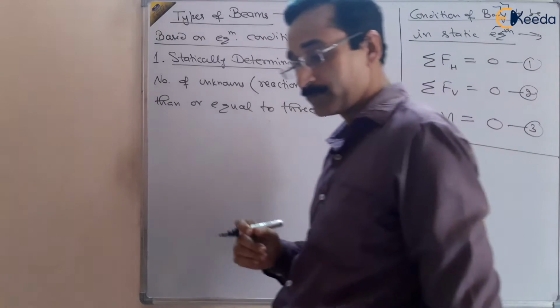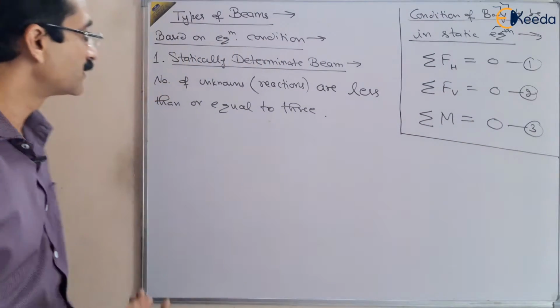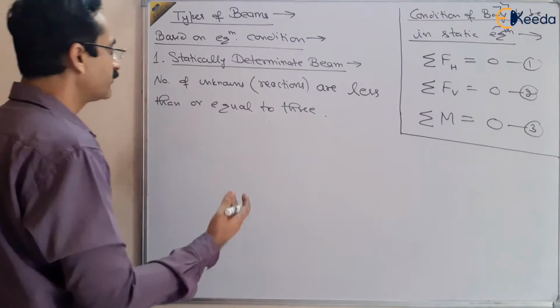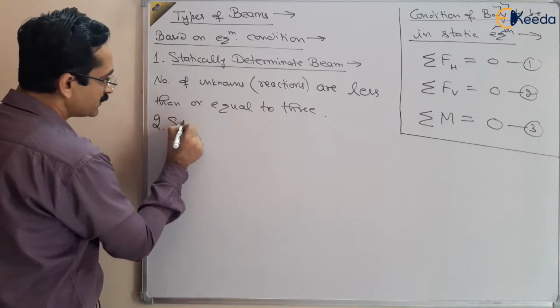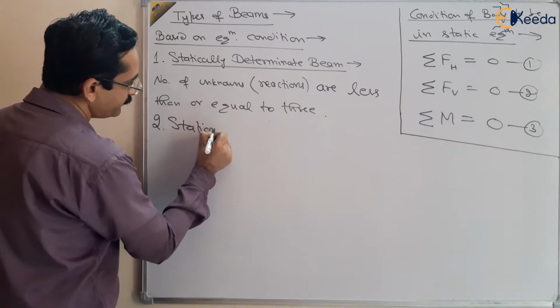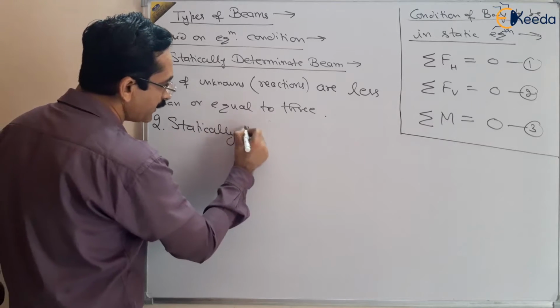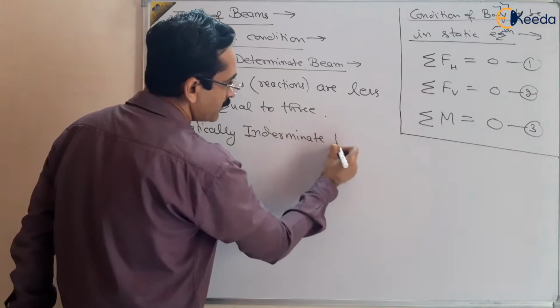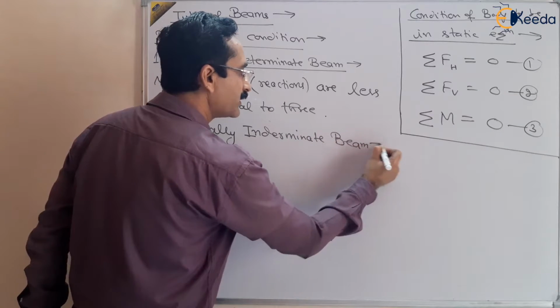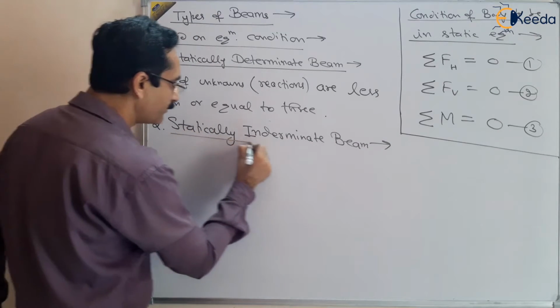But if the unknowns are more than this, if the unknowns are 4 or 5, then we call that beam as a statically indeterminate beam. So what is statically indeterminate beam?